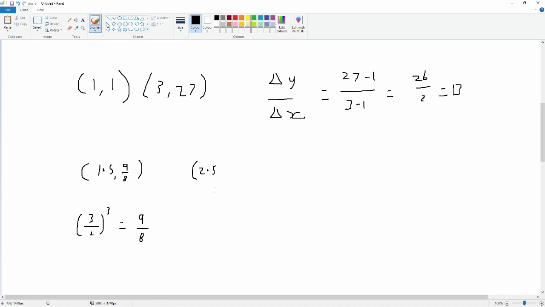The graphing calculator can turn that into a decimal, I don't need to. And then 2.5 is 5 over 2. And 5 cubed is 5 times 5 is 25. 25 times 5 is 125. And 2 cubed is 8, so that's 125 over 8.